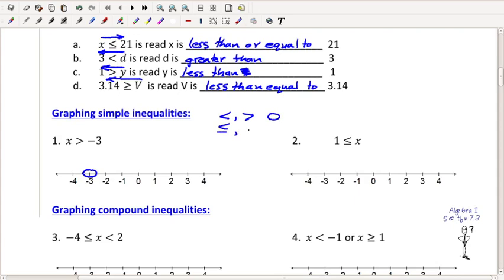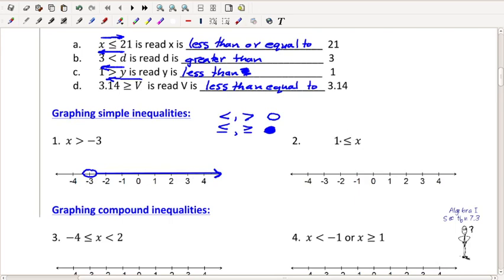Less than or equal to or greater than or equal to is going to be a filled-in circle because we want to include that point. If you like, anything that's underlined gets filled in. It's like that extra ink goes to fill in the hole because it's underneath, and it includes that point as well. And we want x is greater than -3, so I'm going to start at -3 and go greater, everything to the left is the greater than side, so I'm going that direction. X is greater than -3.